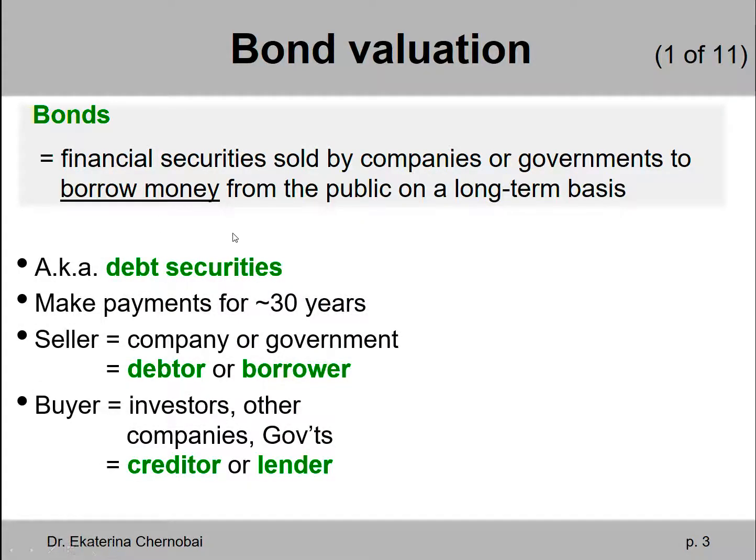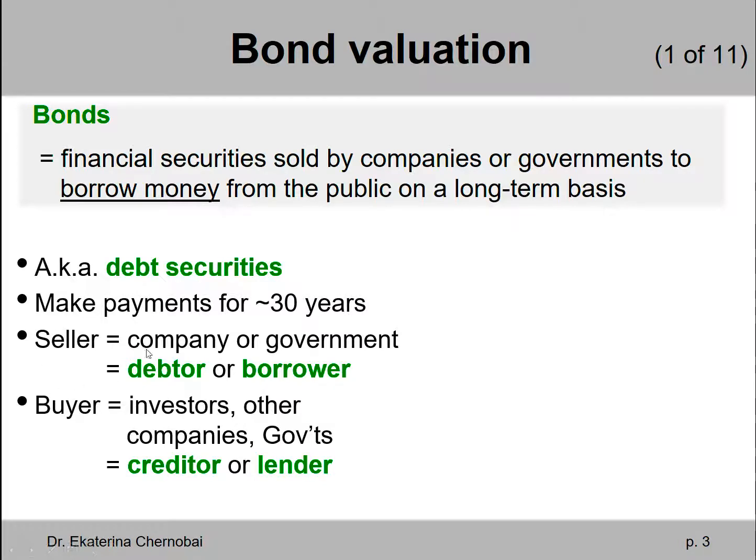Bonds are also known as debt securities because they represent a company's debt. A company owes money to those investors who bought its bonds. And it will be making payments back that will also reflect interest for up to 30 years since the issue.